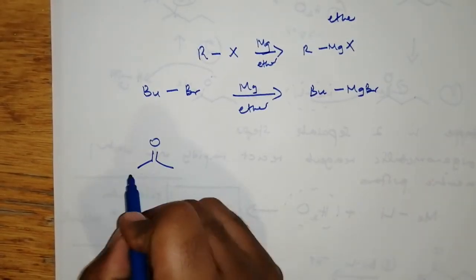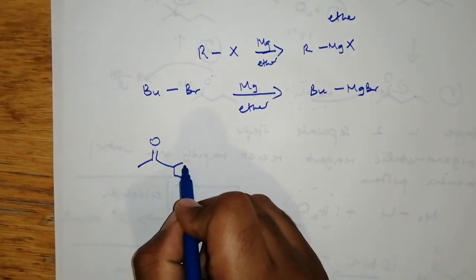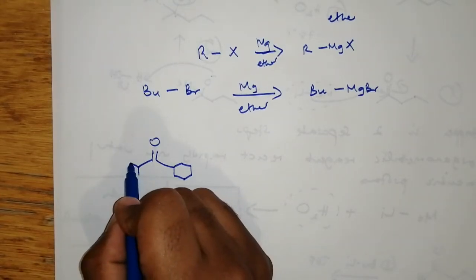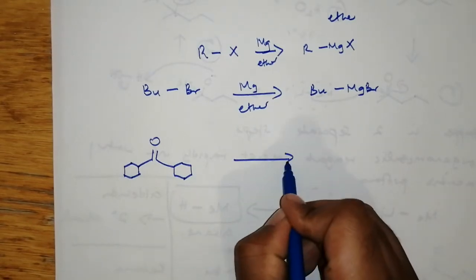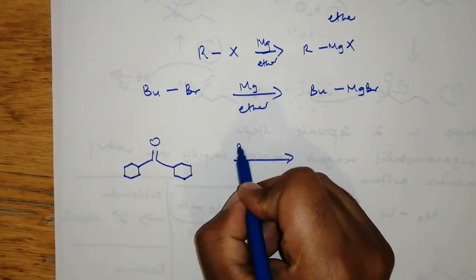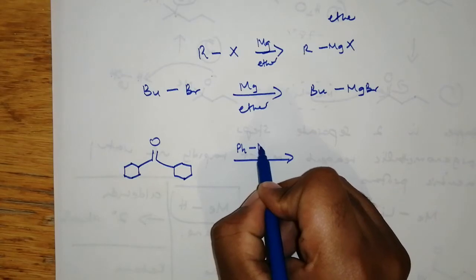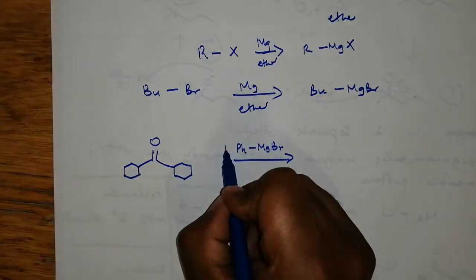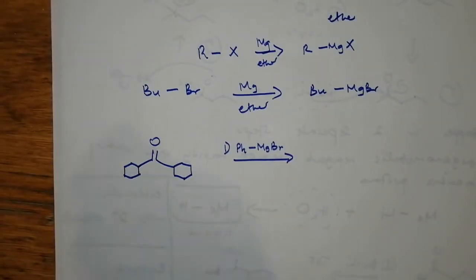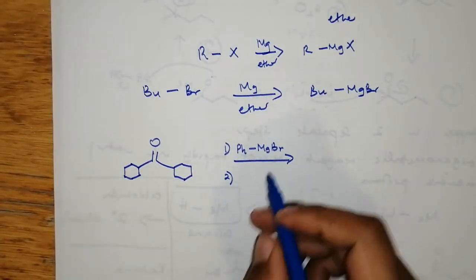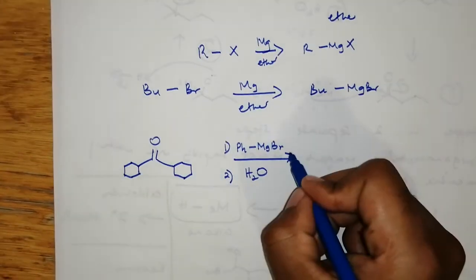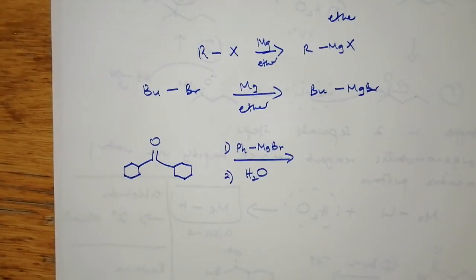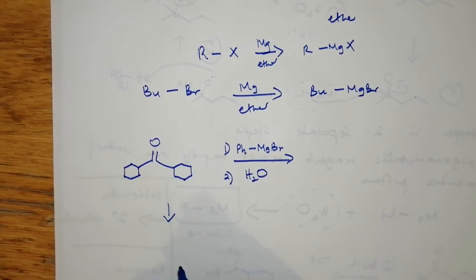So let's say you've got, okay, let me just put these substituents here, and then you have the Ph-MgBr. First step, very important, guys. Secondly, you have water right there, or an acidic proton. So what's going to happen here? Let me just do the mechanism.